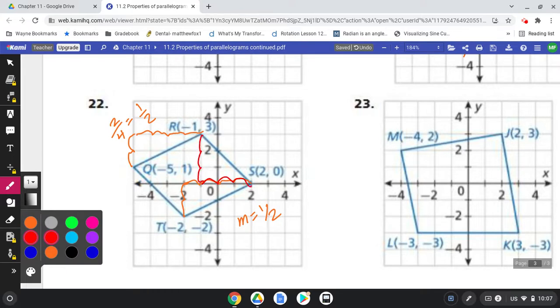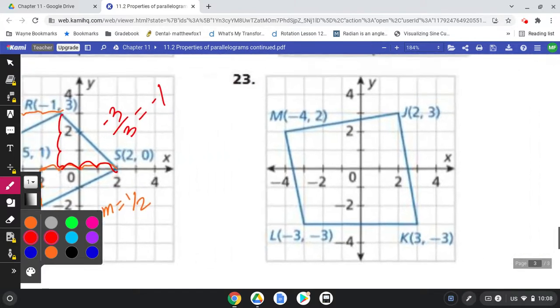Down 1, 2, 3 over 1, 2, 3. So negative 3 over 3, which is negative 1. Meanwhile, down 1, 2, 3 over 1, 2, 3. Negative 3 over 3, which is negative 1. They are the same. So yes, this would be a parallelogram.